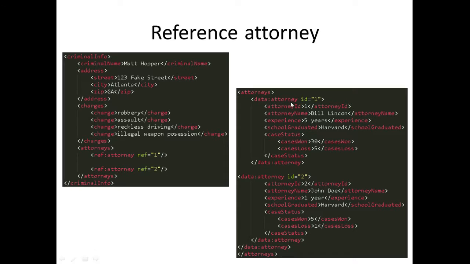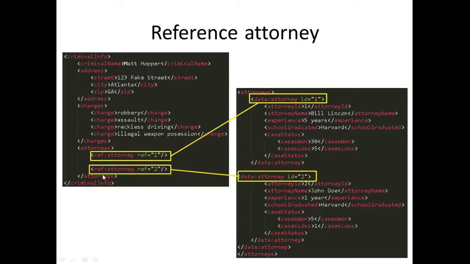I'm referring to this attorney, and therefore whenever attorneys is called, you can go right into this element here and retrieve each piece of data that this attorney references. The same goes for attorney reference equals 2. This is attorney number 2, his name, experience, and all this information associated with attorney 2. So that's how you would go about referencing information in different parts of XML.